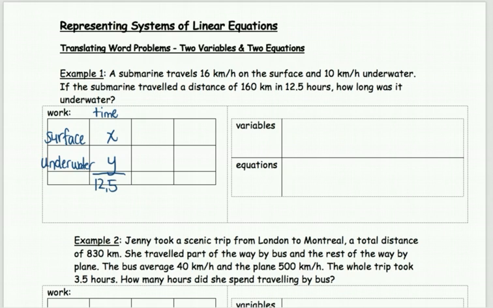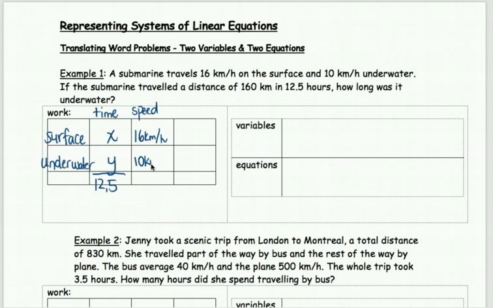Okay, so we know that much. All right, what else do we know? We know the speed that it was traveling at, so we'll label that up here, speed. Okay, so at the surface, it could travel 16 kilometers an hour.